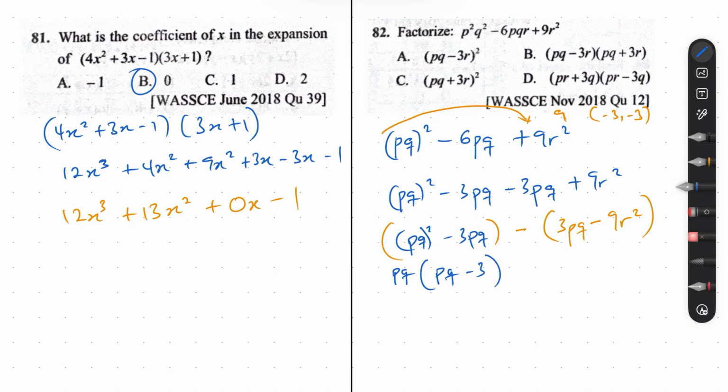And here we can factor something out. Actually, we are missing something. Here we are supposed to have R, okay? And here we have R, okay? Cool, I left that out, sorry. Okay, so let's continue. What do you have here? What can you factor out? You can factor 3 out, okay?